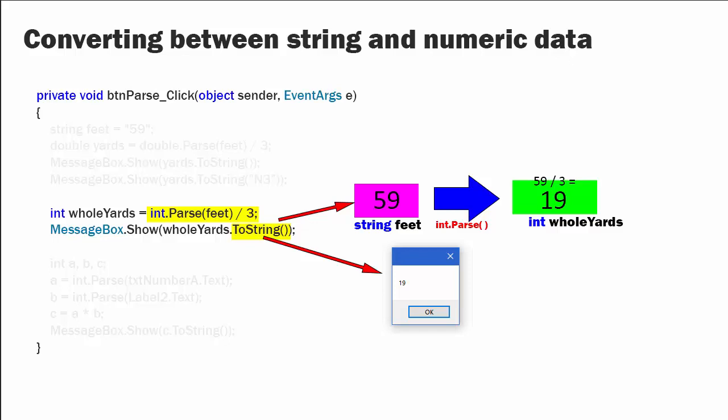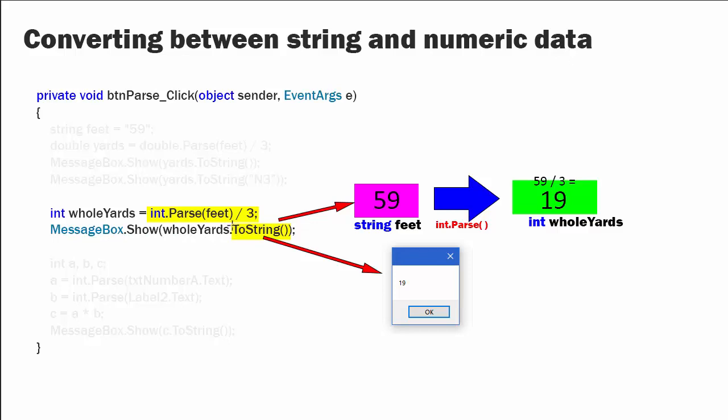Parsing feet as an integer becomes an integer value, 3 is an integer, and if I divide an integer by an integer, I'm going to get an integer. So it's going to truncate the decimal. So in this case, this is creating an operation of 59 divided by 3, which that integer division gives me a value of 19.